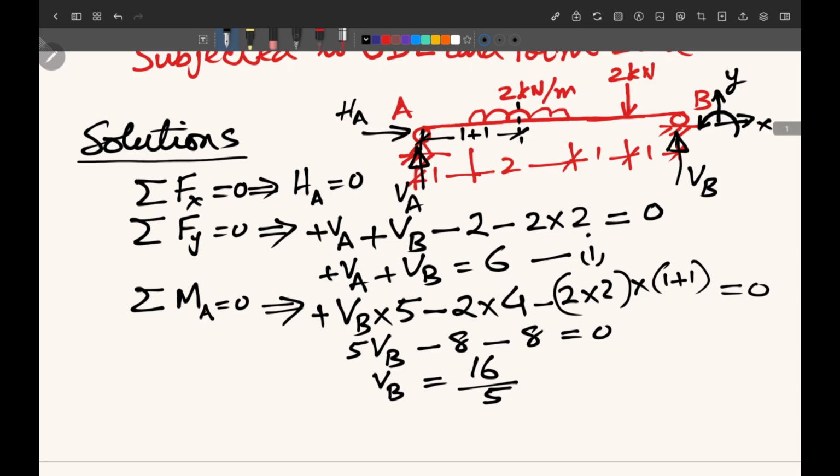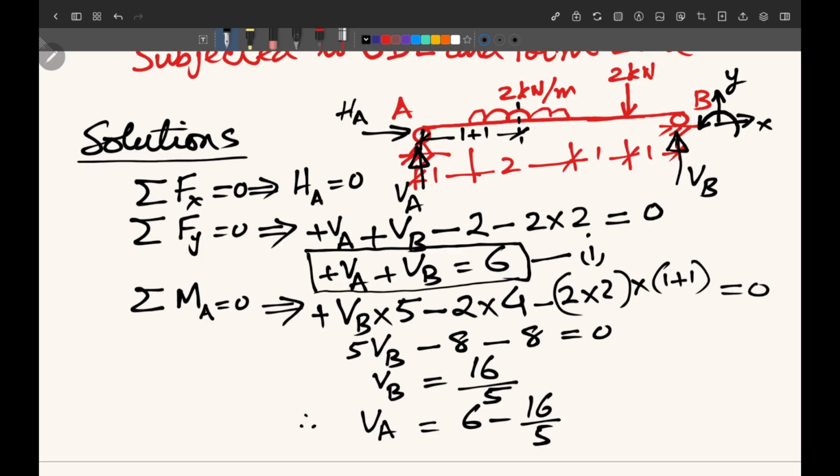Once we get the value of VB, we can easily calculate VA. VA is 6 minus 16 upon 5, because VA plus VB is 6. So we substitute the value of VB in this equation, and we get the value of VA, 6 minus 16 upon 5, which is equal to 14 upon 5.